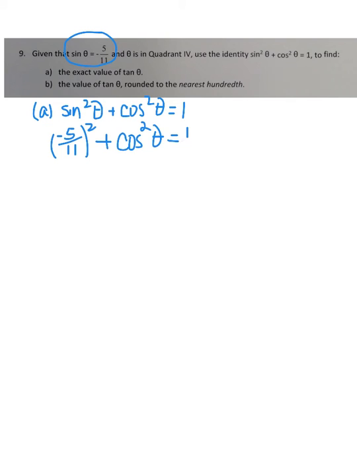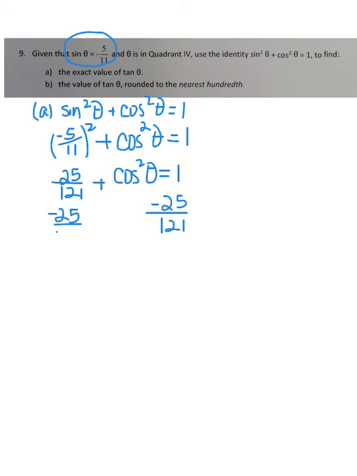equals 1. Okay, so let me square that, and I'm going to get positive 25 over 121 plus cosine squared theta equals 1. And then I'm going to subtract that 25 over 121. You can use your calculator for that.